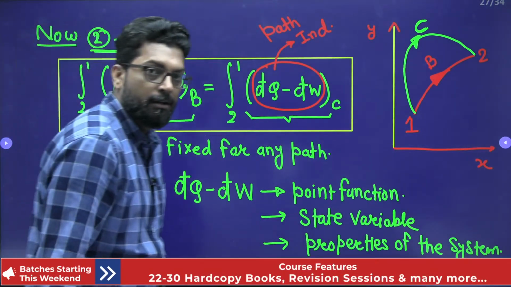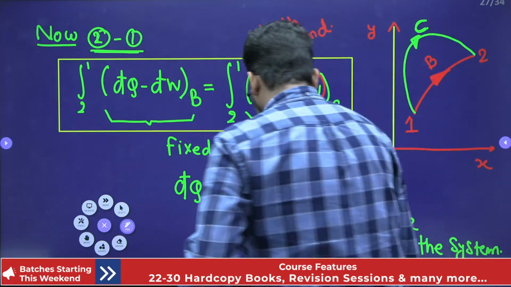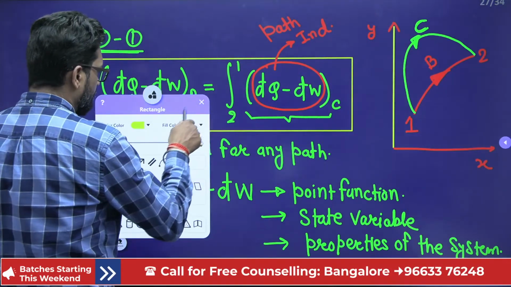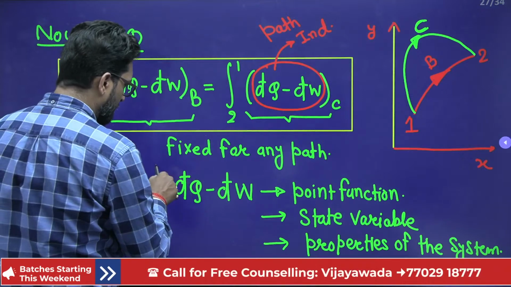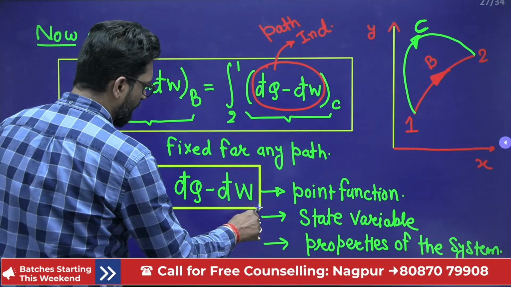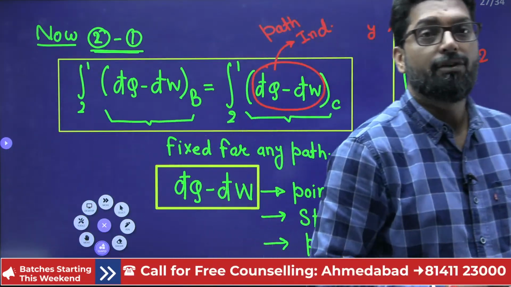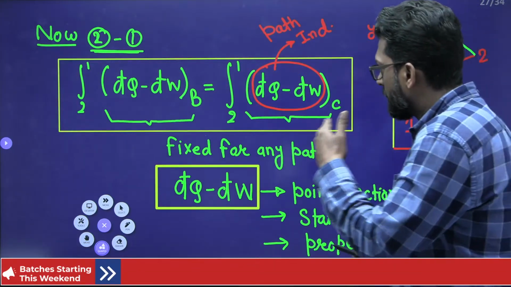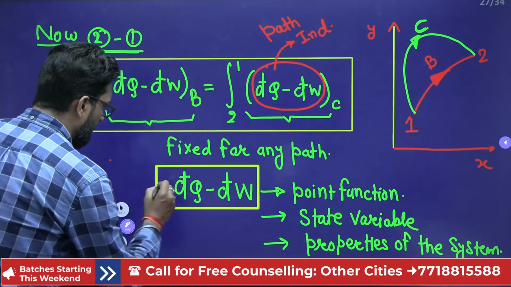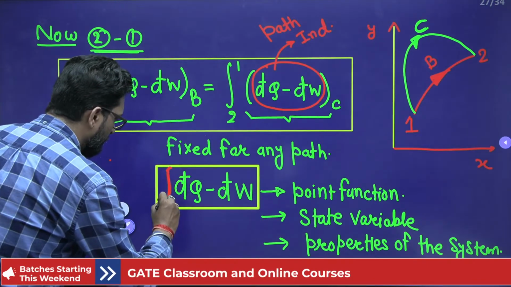It is clear? It is a property of the system. That means this quantity is a state variable. Obviously, it is an integration. Okay.